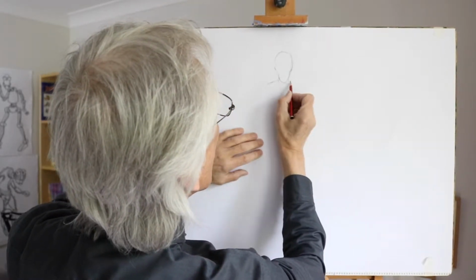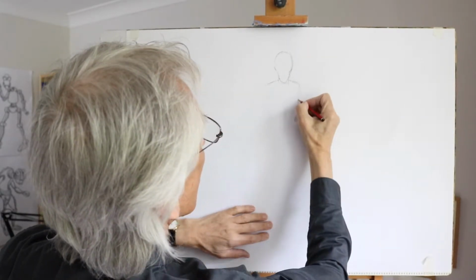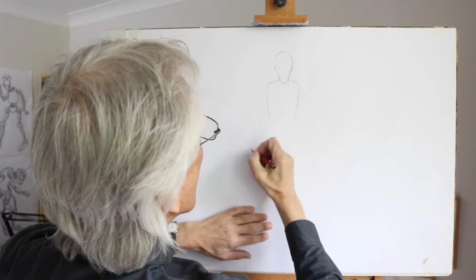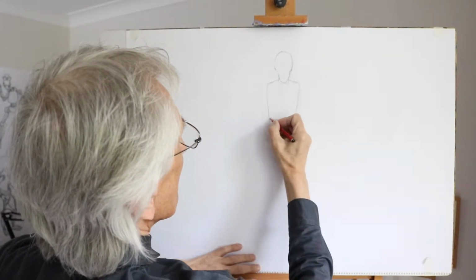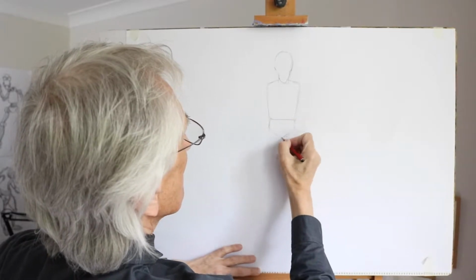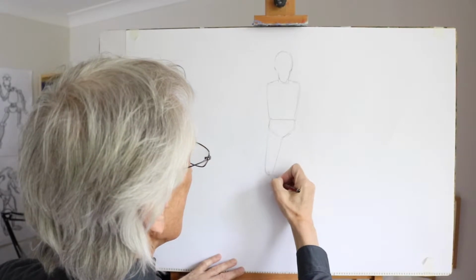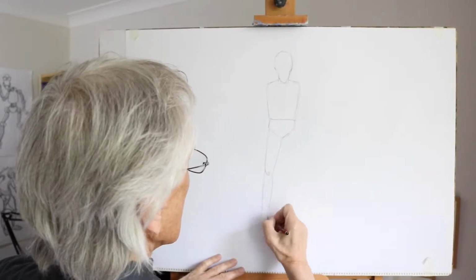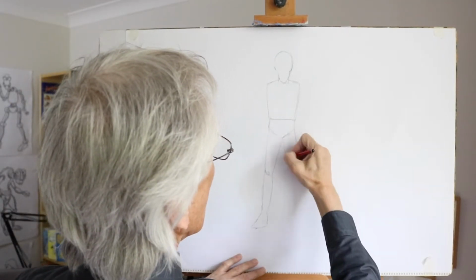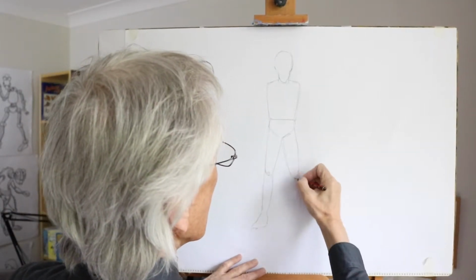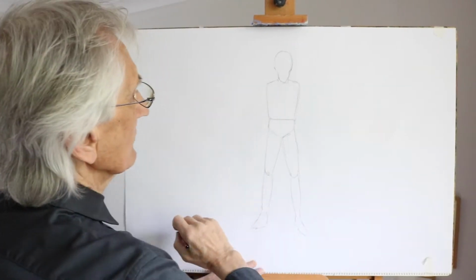Shoulders, it's a fairly narrow character, so I would bring the body down to the waist, with that kind of shape there, and then the narrow hip area, right? And legs, again, quite long, coming down, something like that. Okay, and the other one down to the knee, and then carrying on down to foot pointing out that way.